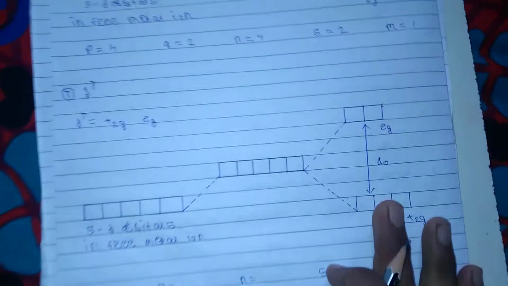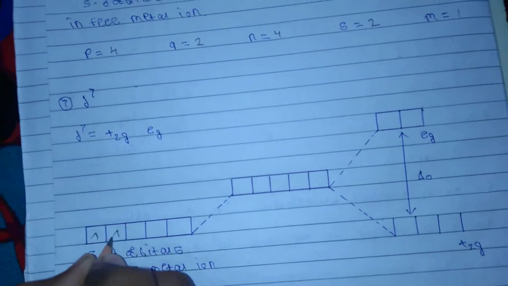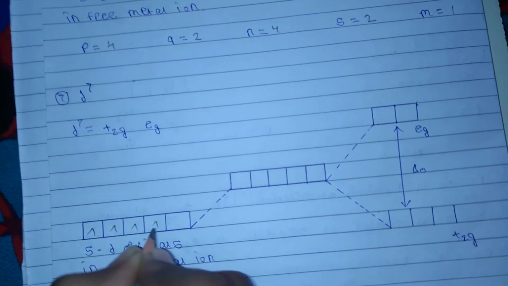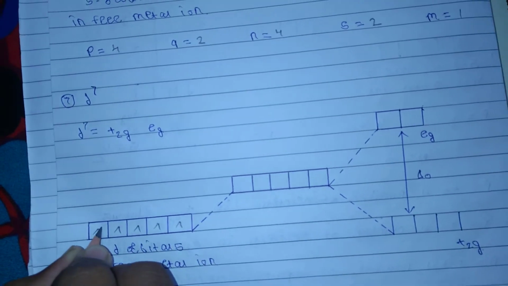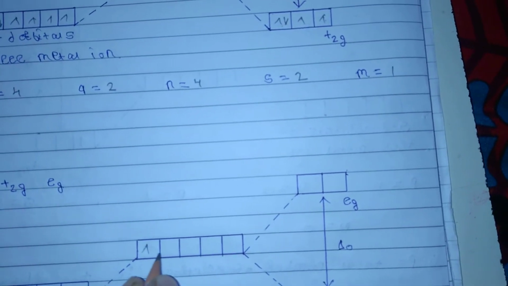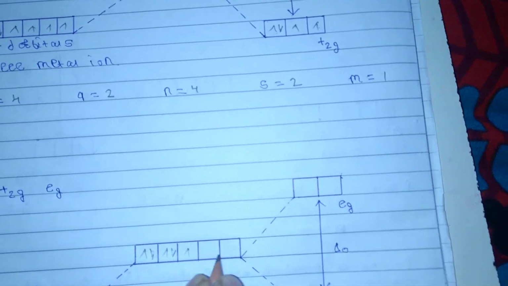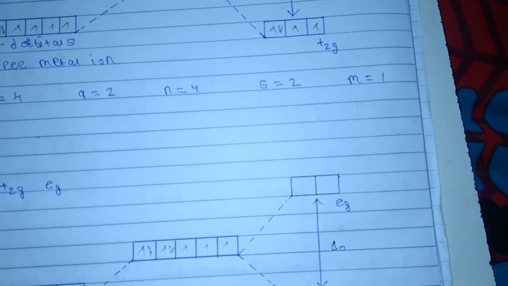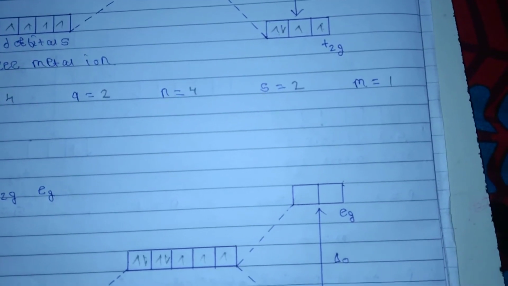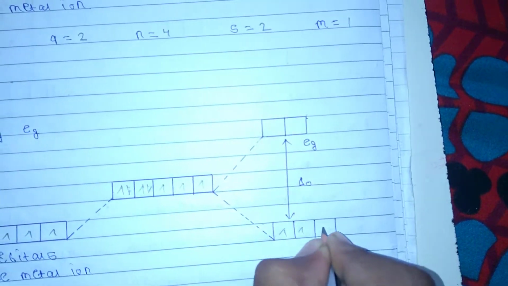Now D7. D7 means 7 electrons, 1, 2, 3, 4, 5, 6, 7. In the high spin complexes, the first 3 electrons go in the T2G set, 1, 2, 3.